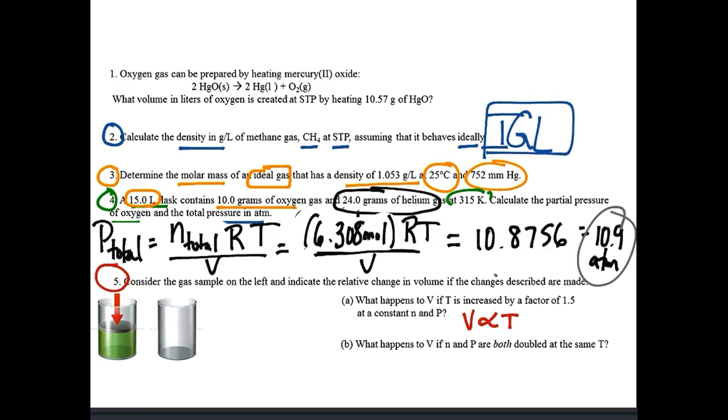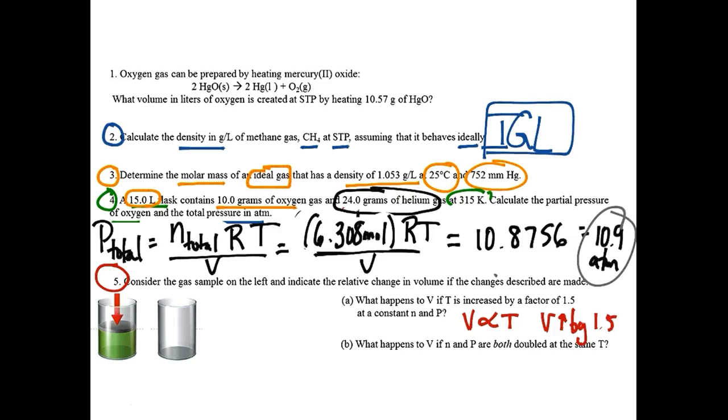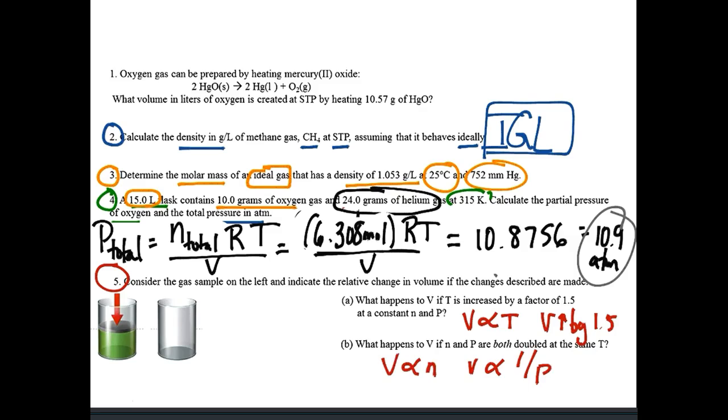So it's increased 1.5-fold at constant moles of gas and constant pressure. So volume and temperature are on opposite sides of the ideal gas law, which means they are directly proportional to each other, right? I think that was Charles's law, right? So if temperature is increased by a factor of 1.5, that means volume will also increase by a factor of 1.5.